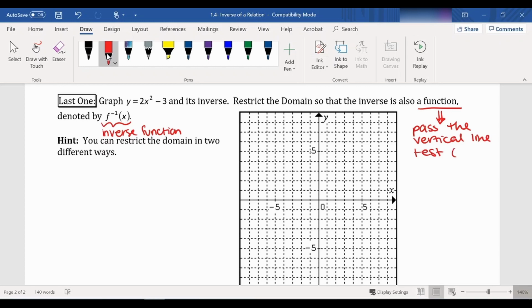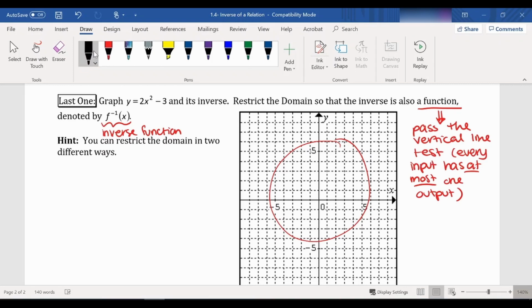Every input has at most one output. Every x value can only have one matching y value, okay? So something like this is not a function because if I draw a vertical line, this x value has two y values, okay?